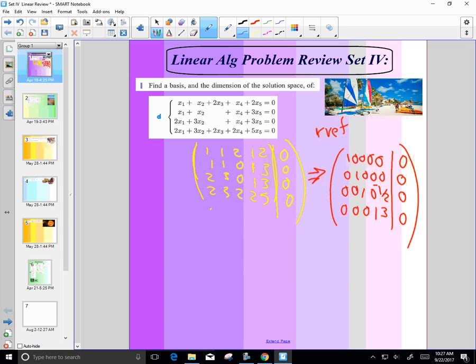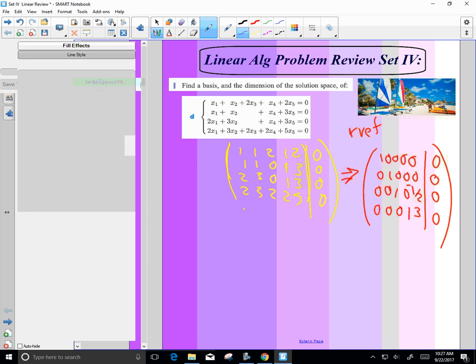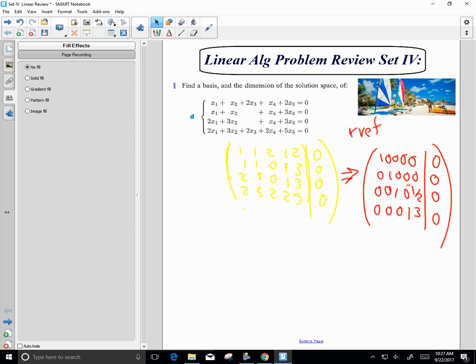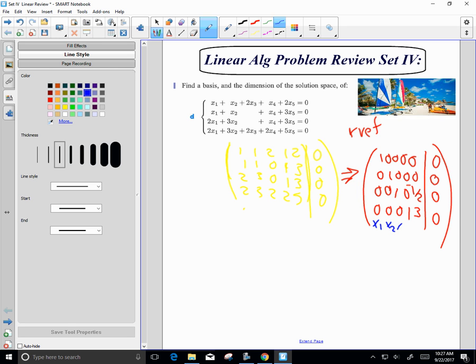All right, so once you have it that way, label this x1, x2, x3, x4, x5. And we're going to let x5 be equal to t. What will x4 be?